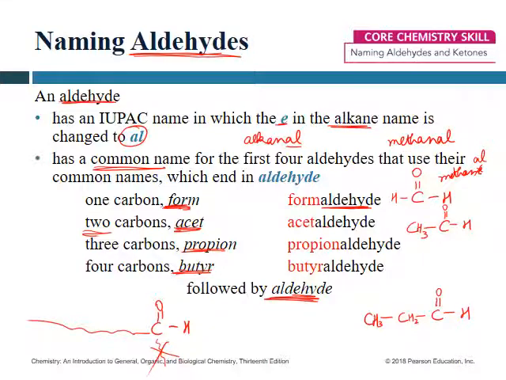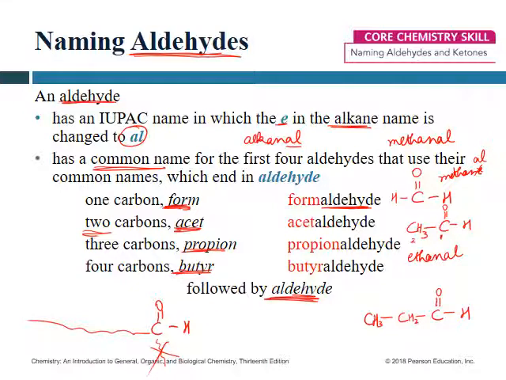Okay. How about this? The first thing when you see the structure, you're like, okay, this is an aldehyde group. And how many carbons? Remember to count this carbon in. So this is carbon 1, carbon 2. 2 carbons means eth. Ideally, if there was no group, it would be ethane. But in this case, we replace e with al.